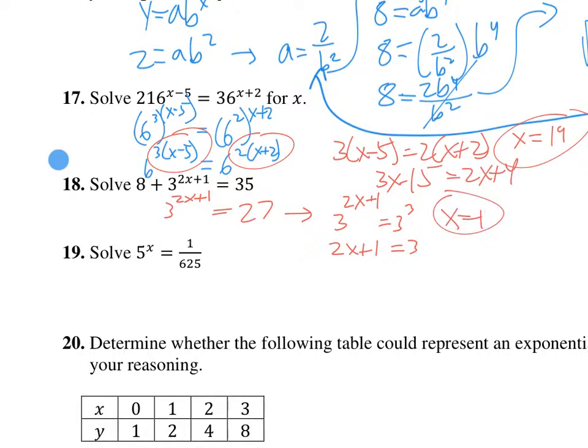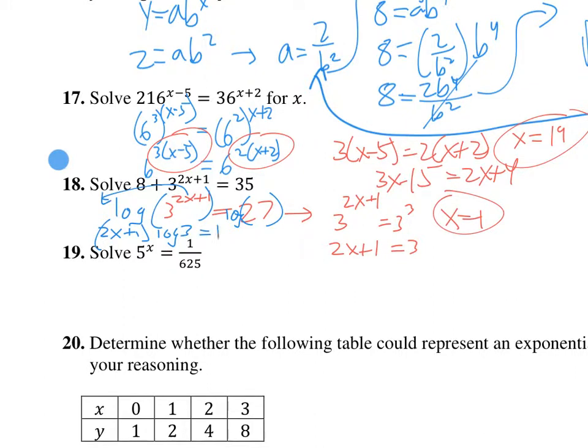Another way you can do this is you could take the log of both sides. We could come back here, take the log of this and the log of this. We can take that exponent down there. This is going to get a little uglier, but it works.